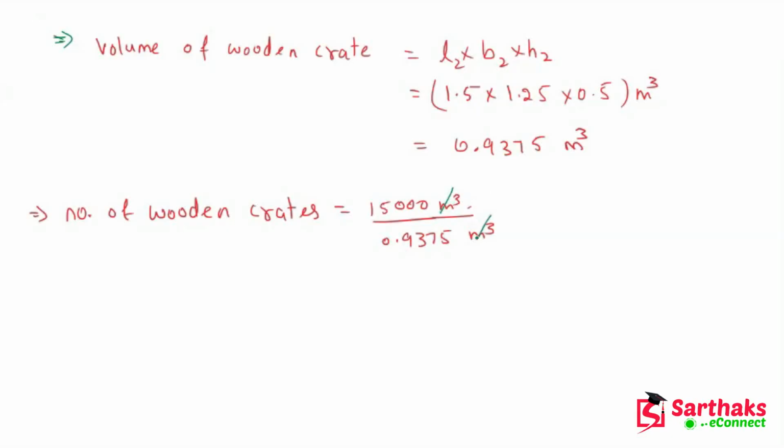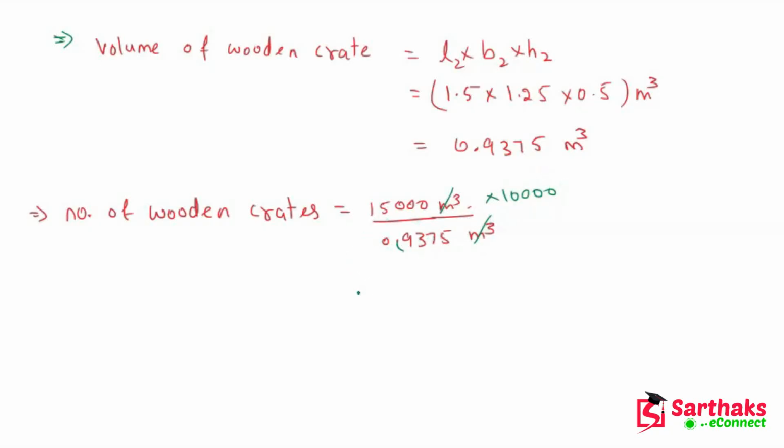This meter cube and this meter cube will be cancelled. Okay, got it? Now if we remove this point, here we get 10000, because after the point we have 4 digits, so if we remove this point, we get 4 zeros in the numerator.